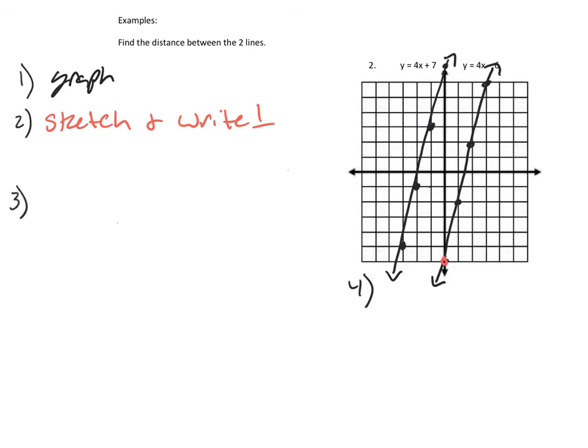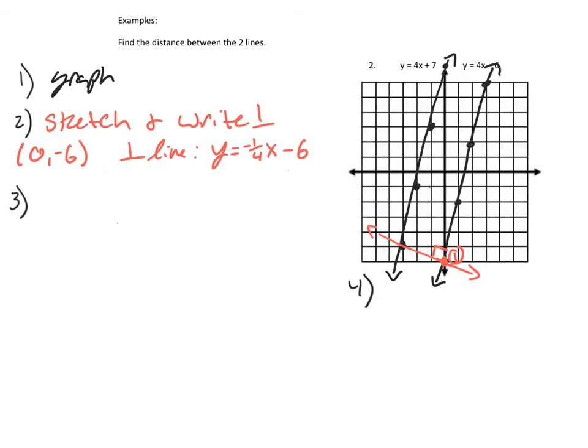Okay, so we're using this as our initial point for our perpendicular line. I know it looks like it goes through that other line, but it doesn't necessarily. But we're definitely going to use this as our first point. So our first point is going to be this 0, -6, and our perpendicular line is going to be y equals, and we're looking for that opposite reciprocal slope, so -1/4 x, and then the y-intercept -6. So that's our perpendicular line.